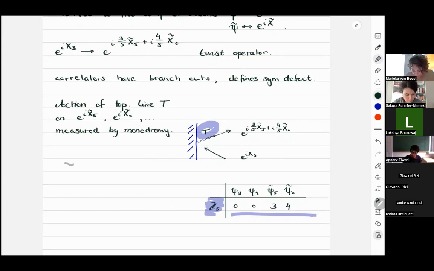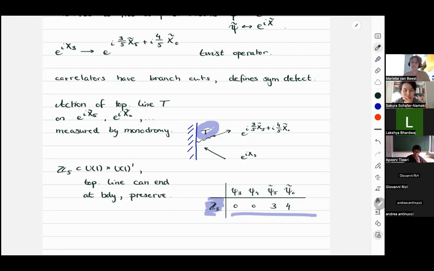Now, crucially, this Z5 sits inside U1 times U1 prime, which means that this topological line, it's guaranteed that it can end topologically at the boundary. And that it has conserved charges associated with it. Of course it does, because it sits inside the group that's already conserved.